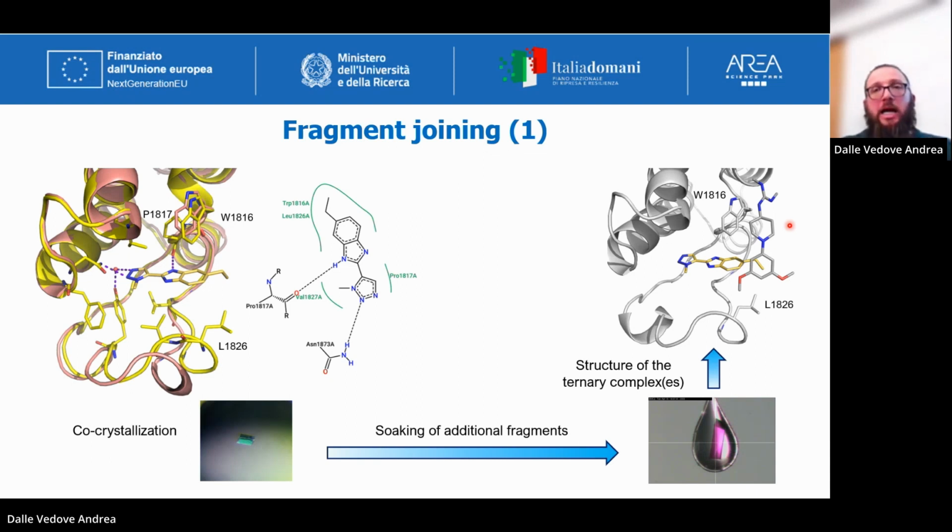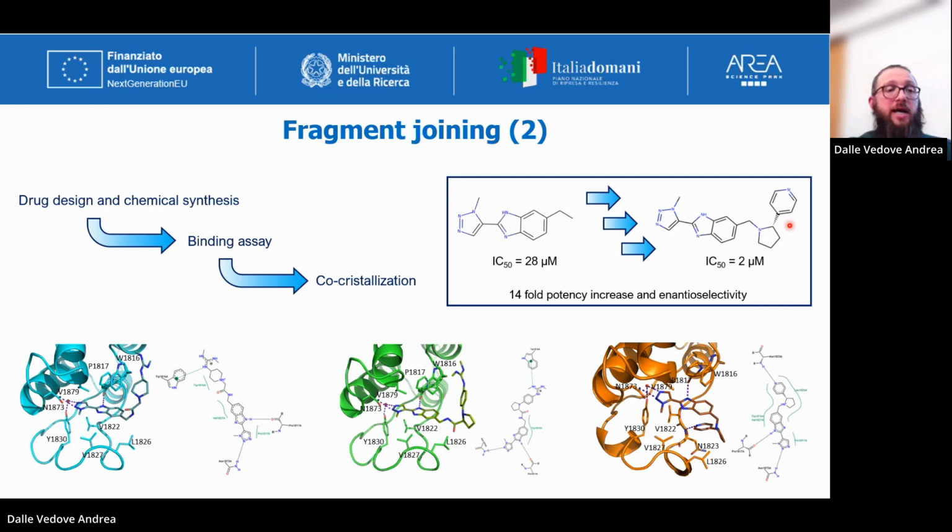And then you analyze again the structure and try to design libraries, and again have them synthesized, of molecules that are the combination of the two fragments you have seen in the co-crystal structure of the ternary complex.